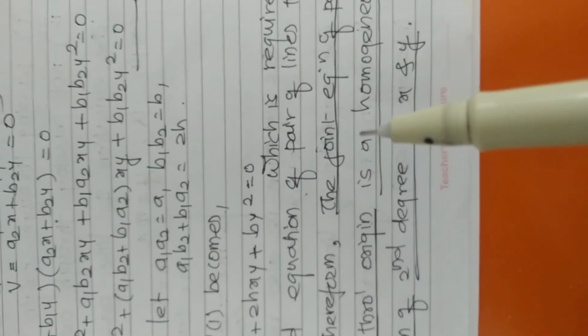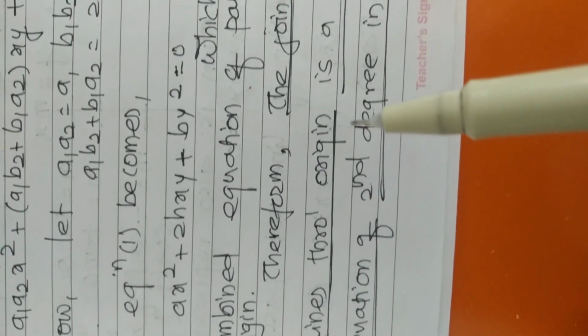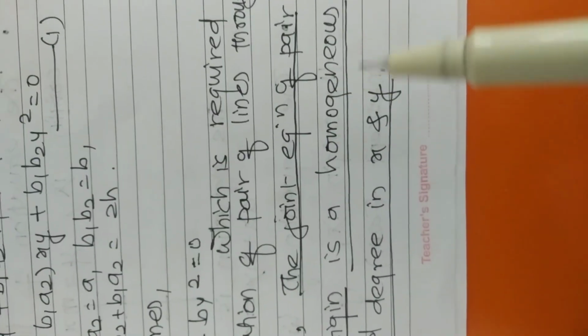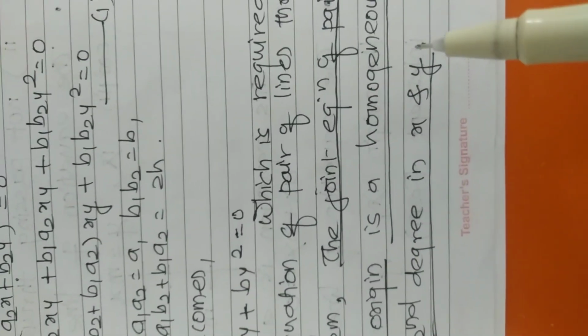Therefore, the joint equation of a pair of lines passing through the origin is a homogeneous equation of second degree in x and y.